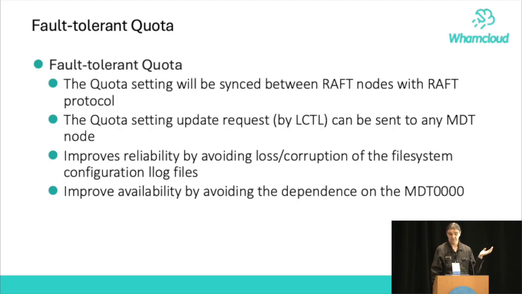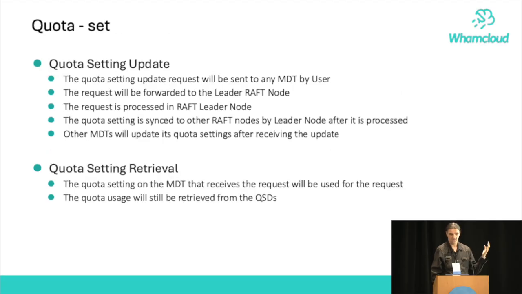So here's how, for example, setting a quota would work. The request will be sent by the admin to any MDT, then forwarded to the leader. The leader would record the entry, and then the whole setting is synced across the cluster, and only after we've got enough confirmations of commits from those followers does it take effect and the client get its response.